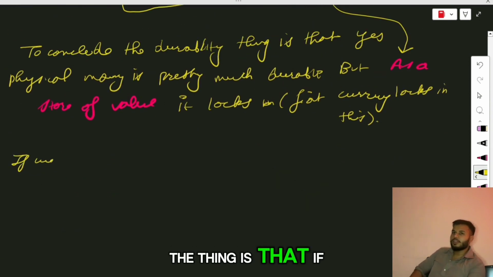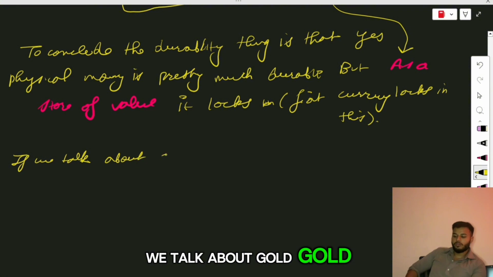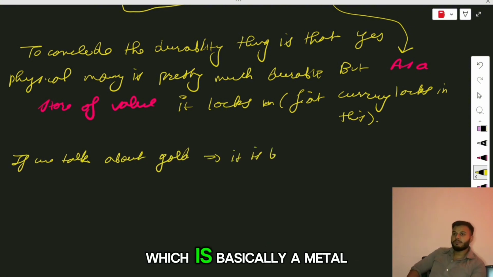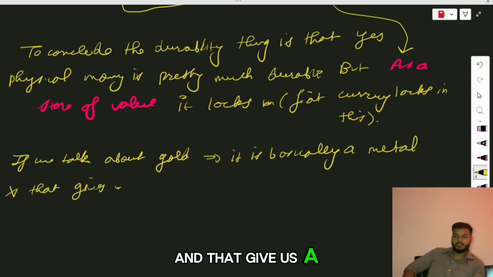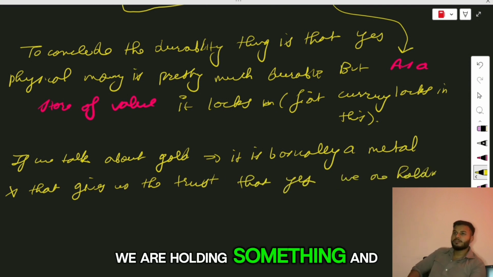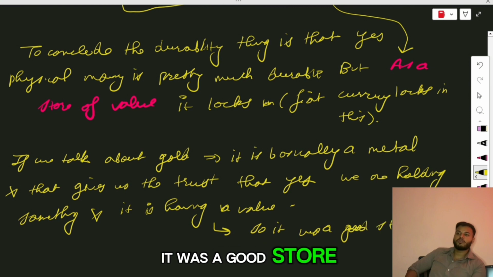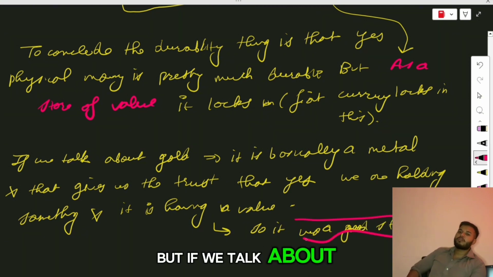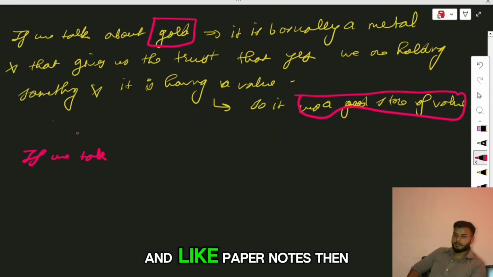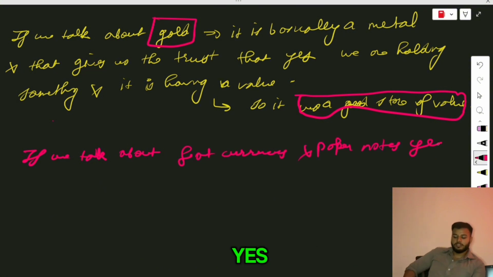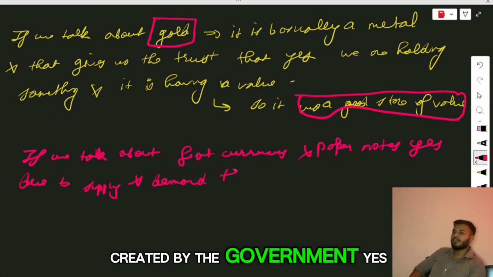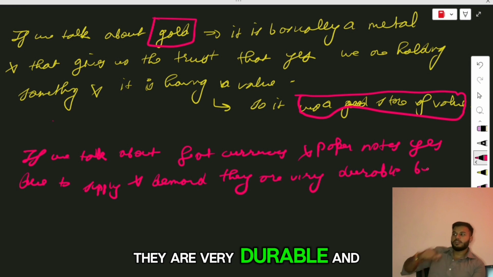Gold is a metal, and that gives us trust that we are holding something that has a value. So it was a good store of value. But if we talk about fiat currencies and paper notes, due to the supply and demand created by the government, yes, they are very durable.